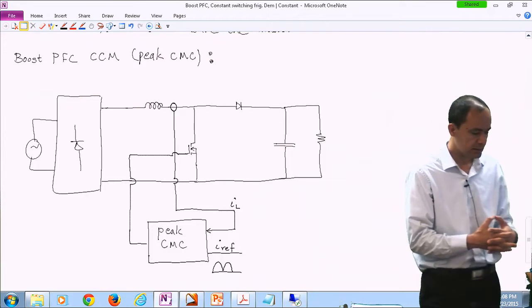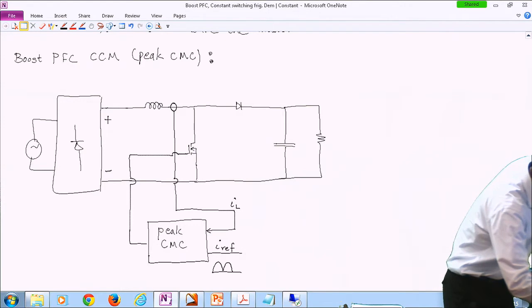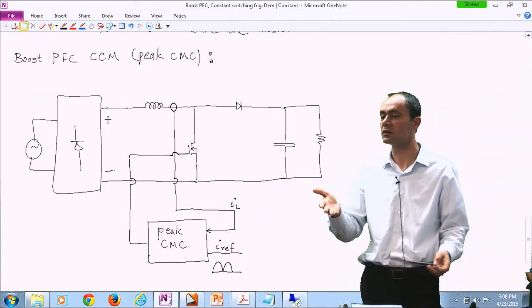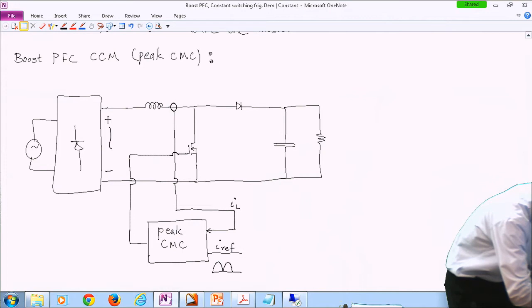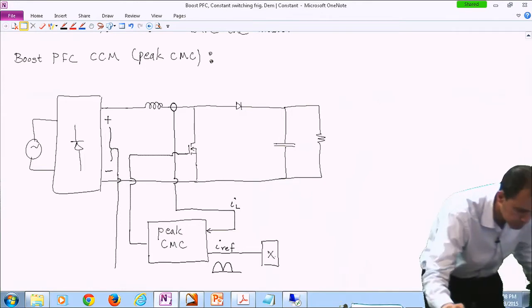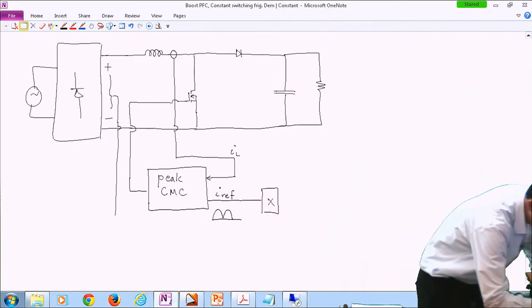So the best idea is that our voltage here, or something proportional to the voltage, could be used as a reference. So let me measure this voltage. So we have some gain, let me call it 1 over K in.